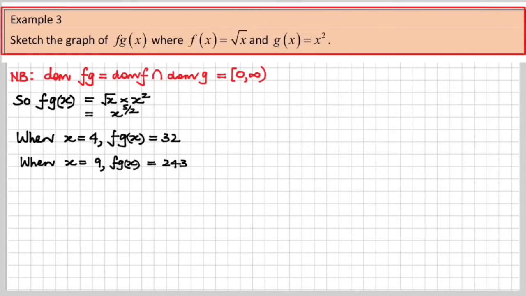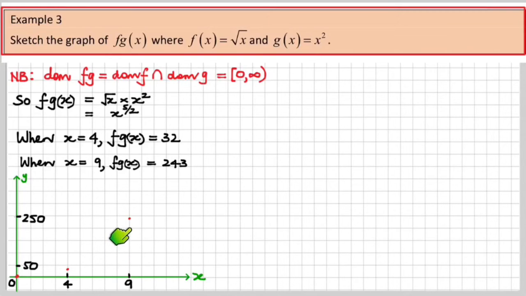This is a very crazy function, but let's look at what it looks like. I've put a few points in there, the ones we just worked out, plus 0. When x is 0, y will be 0. When x is 4, y will be 32. When x is 9, y will be 243. So you can see it's a wild function. Living on the wild side here, but that's what it looks like.